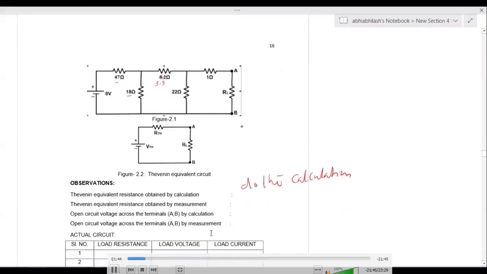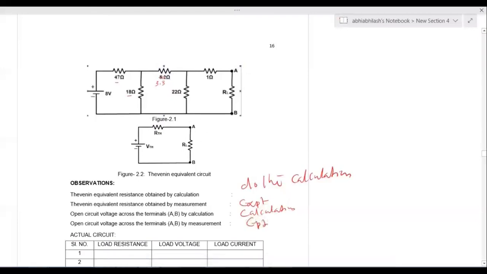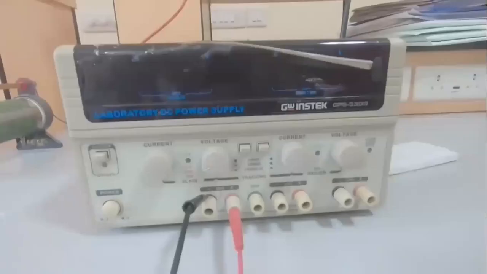Then the source is short circuited, then find out the ZTH. So VTH and RTH we have to find out, then do the experiment. Then comes the experiment part. That is the Thevenin's theorem procedure.